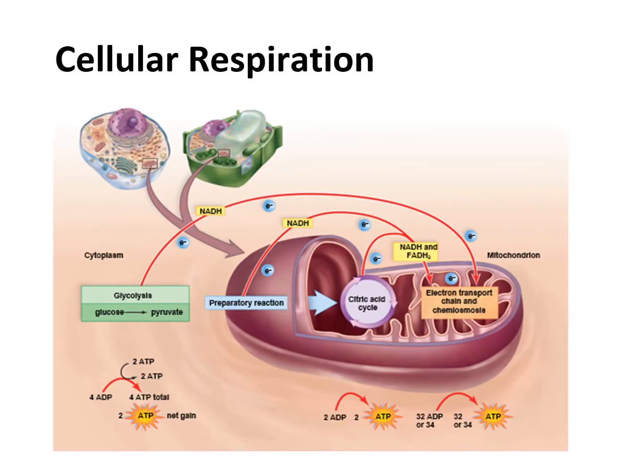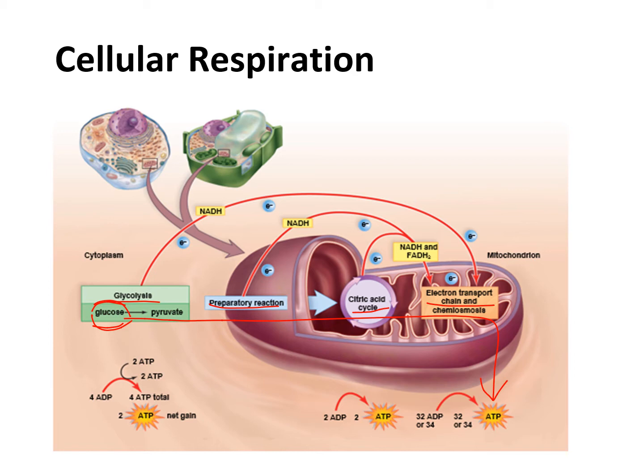The overall process of cellular respiration involves 4 phases. Those phases are glycolysis, preparatory reaction, the citric acid cycle, and the electron transport chain. And remember, the overall process of cellular respiration is to oxidize glucose, remove all the energy from glucose through these reactions, and the end product is ATP.